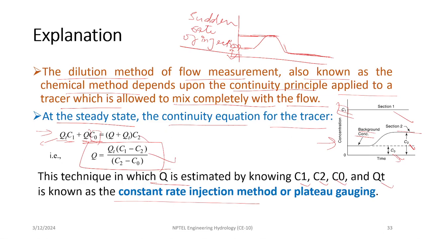So can you compute now? Can you try to compute this value Q? What we have is QT equals 1.45 liter per minute, right? And what are the other values? C0 is 0. How much is C1?